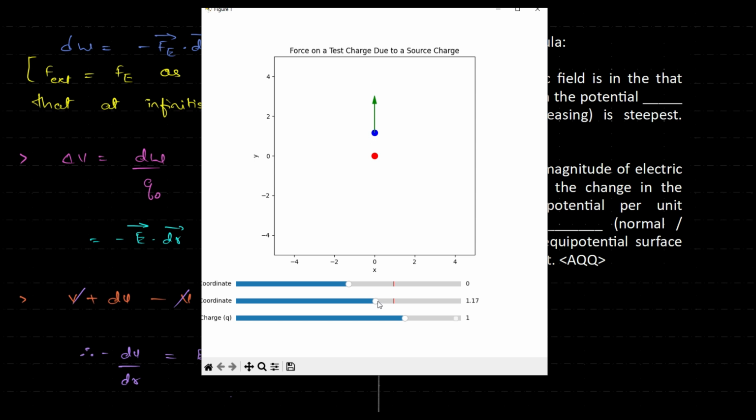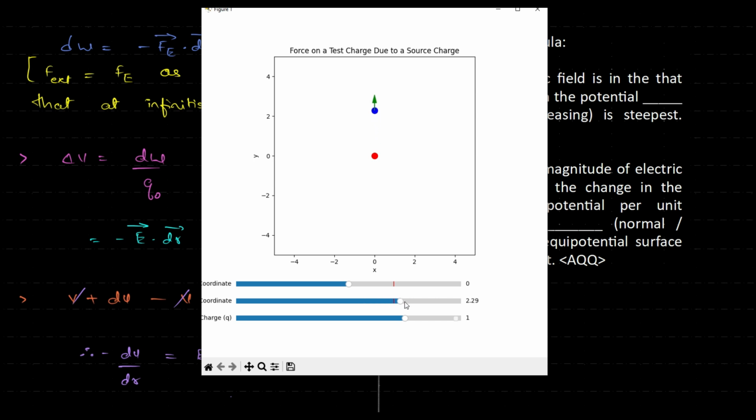Agree? While if I move it away, the potential will decrease. In what direction is the electrical field pointing? It's pointing outward. So basically, if I want to increase the potential, what should I do? I should move against the electrical field.